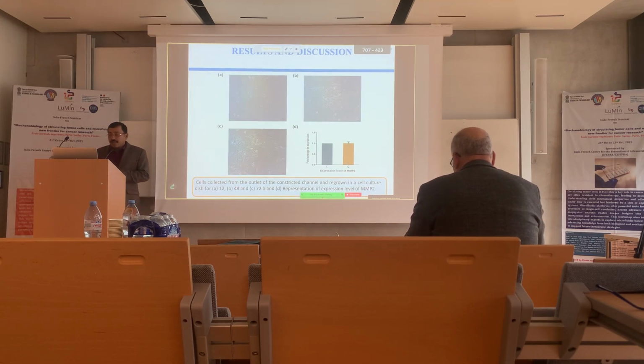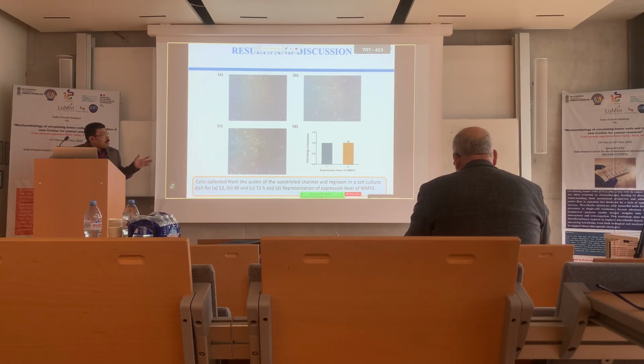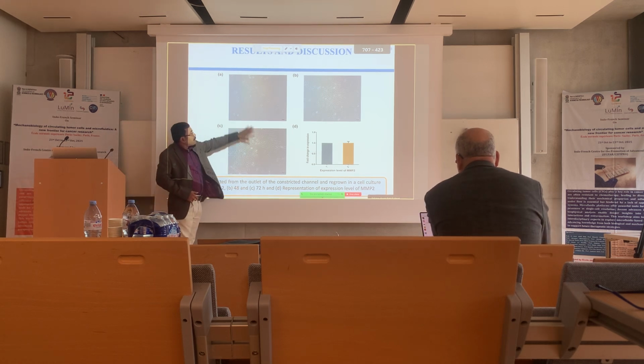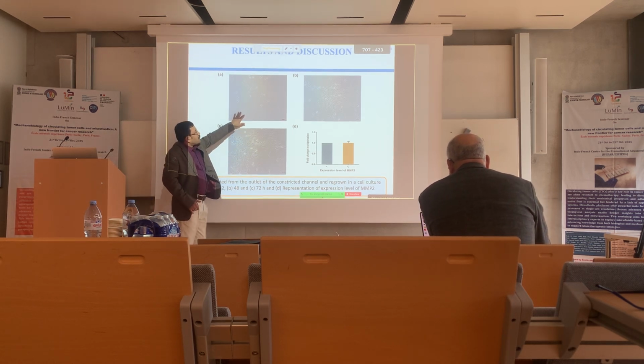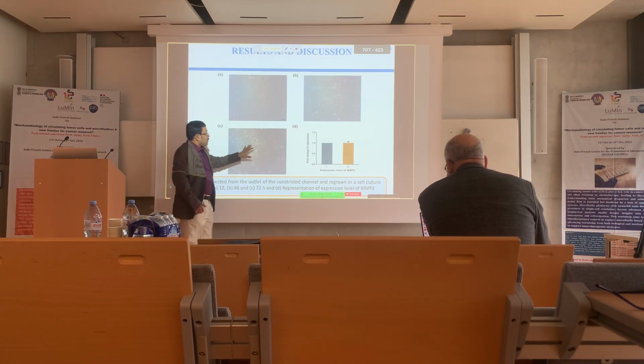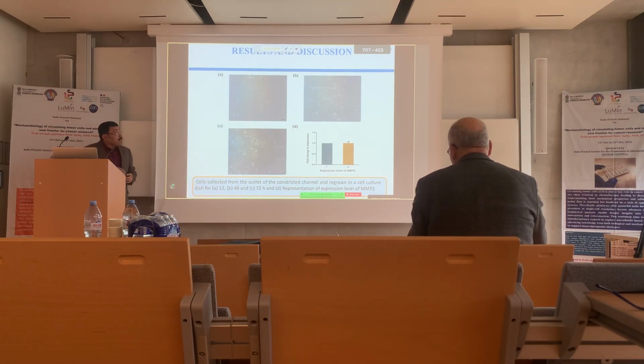Now here we have done this again. Cells collected from the outlet are regrown in cell culture dishes, and after 12 hours, 48 hours and 72 hours, you can see that they started growing again. So we can observe that whatever live cells are there, they have the capability to grow, although they pass through a very tight space, and sometimes the cytoplasm came out in the outlet.